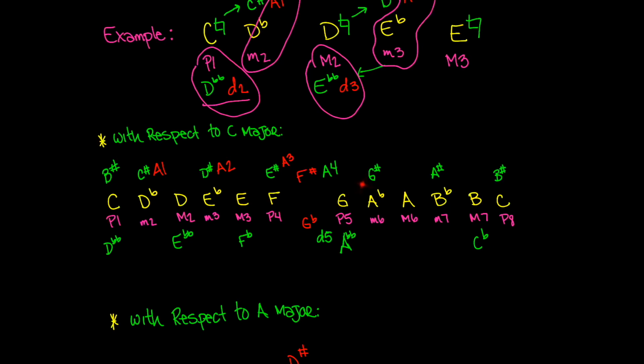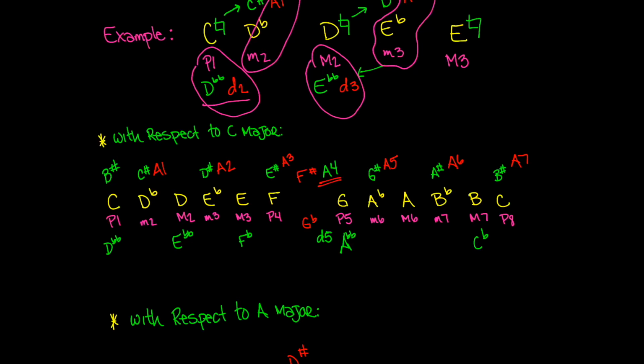Here, the same, so we're going to call that augmented 5. Here, we're going to call that augmented 6. Here, we're going to call that augmented 7. So we have augmented 1, 2, 3, 5, 6, and 7, and this is actually A4.